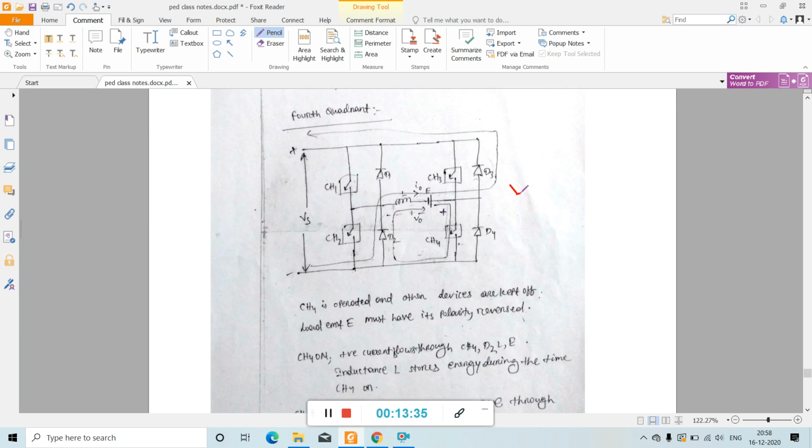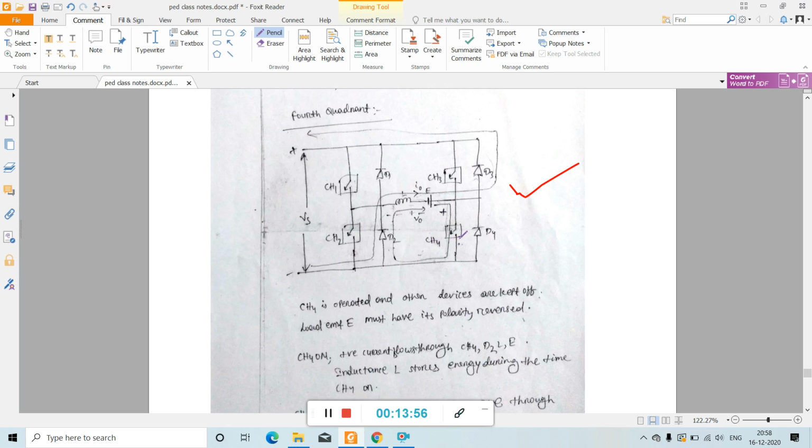This is the circuit diagram of the chopper for fourth quadrant operation. Here the initial condition is that chopper 4 is operated and all other devices are kept off, that means CH1, CH2, CH3 are off and only chopper 4 is on.